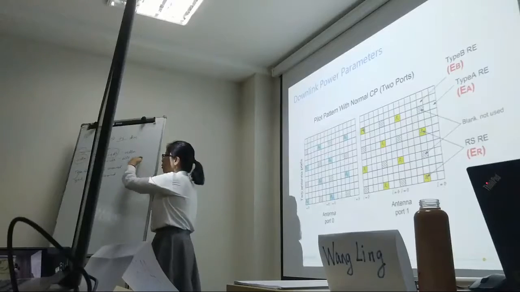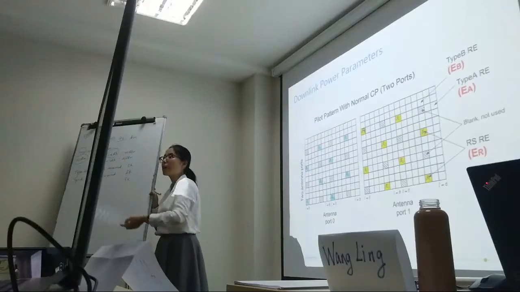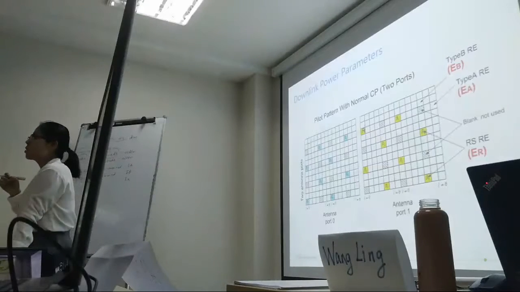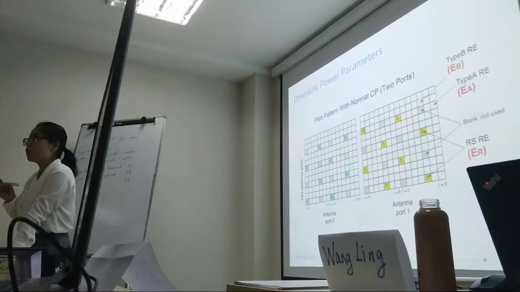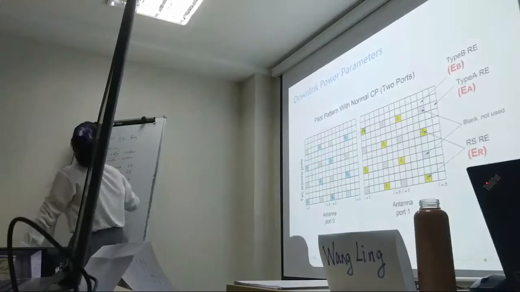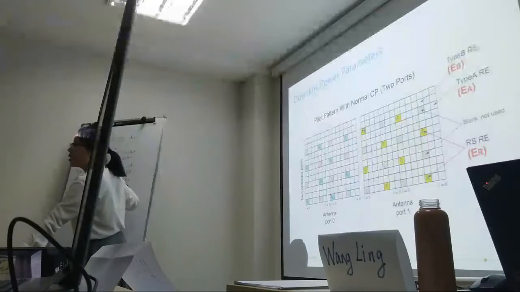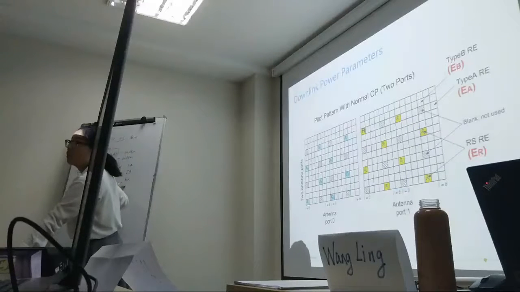So we first define the different types of RE. When we configure the power, which one do we configure? The RS power, ER. This is what we configure in the cells.